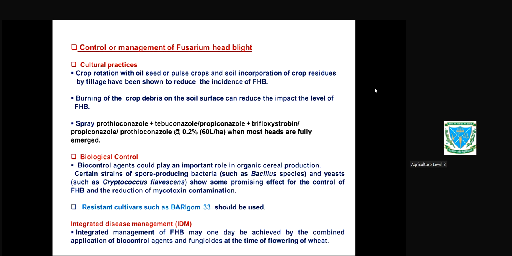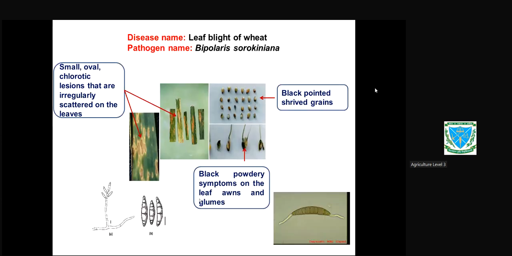Resistant cultivar and integrated disease management, IDM, should be used. I mean cultural, chemical, biological, everything you have to integrate. We call it IDM. Combined application of biological agents and chemical fungicides along with cultural process. Integrated use of cultural, chemical, and biological things called IDM, integrated disease management. So the same way you can control the disease.